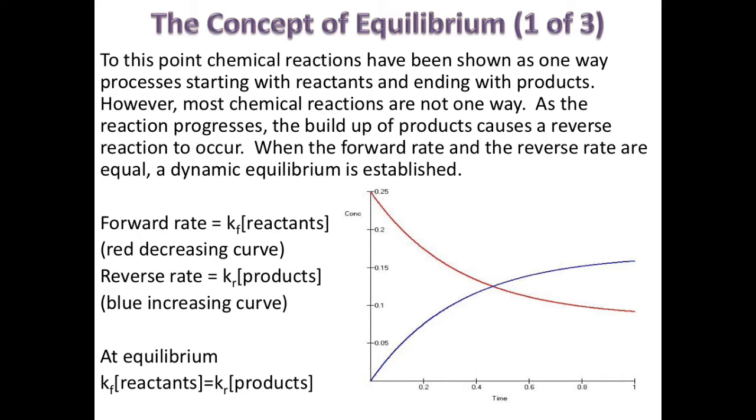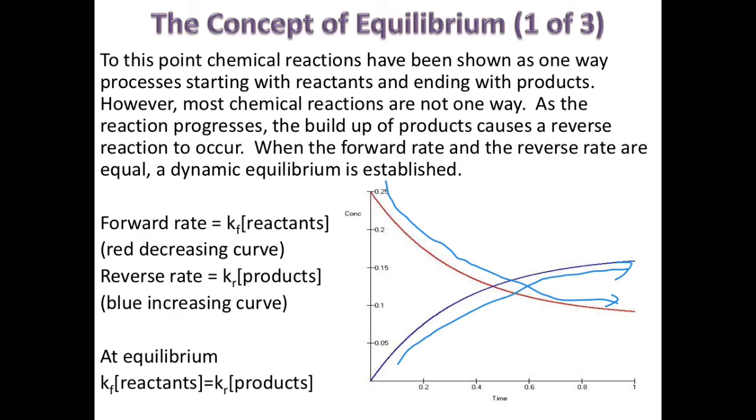So as you can see in the graph here, over a period of time, the concentration of the reactant goes down and the concentration of the products goes up until such a point as each levels off.